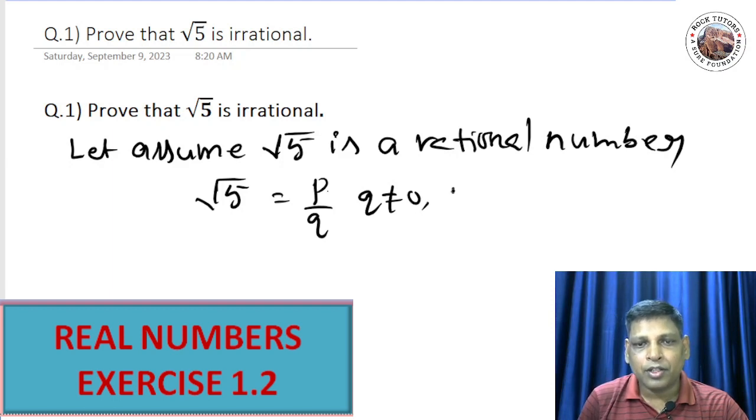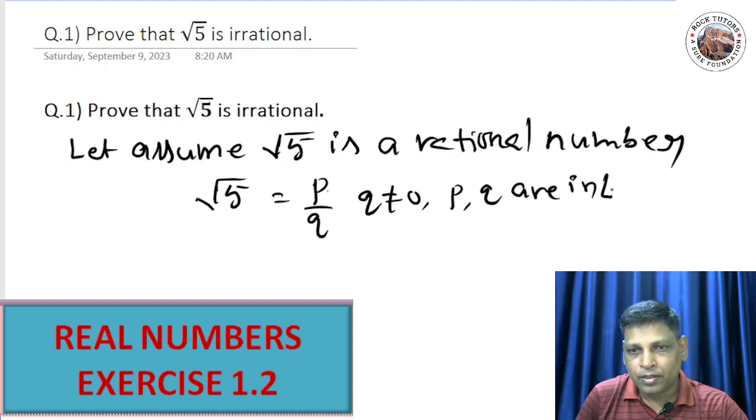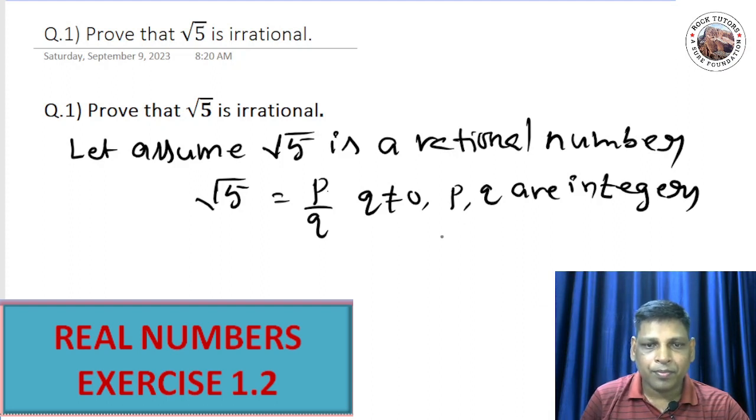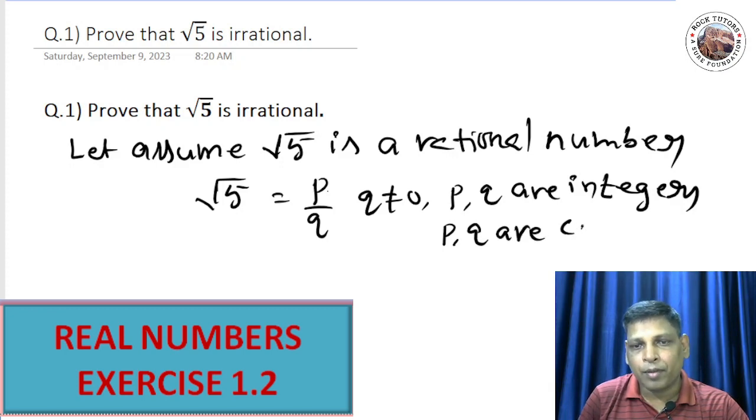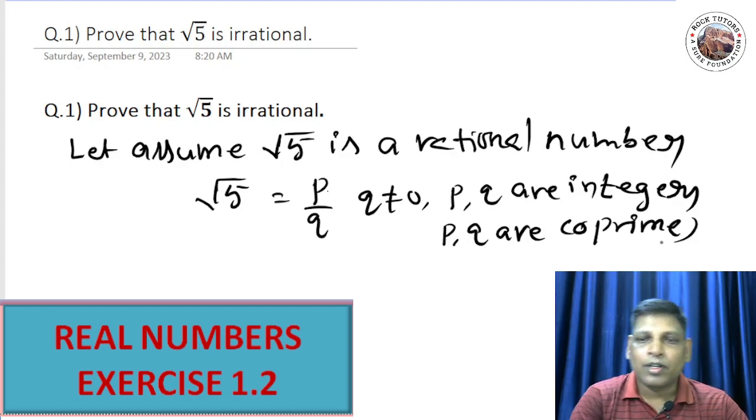Here p and q are integers, and one more point, p and q are co-primes. So what do you mean by co-prime?